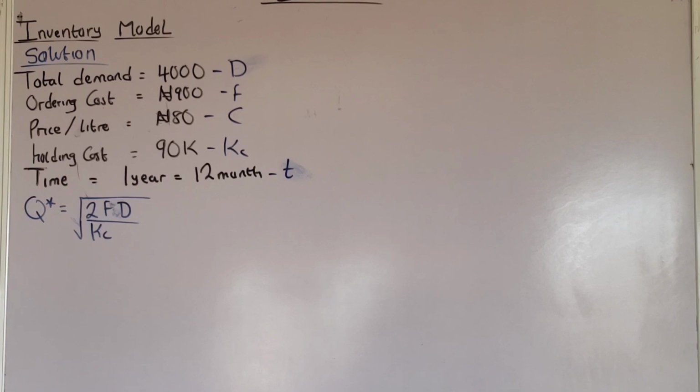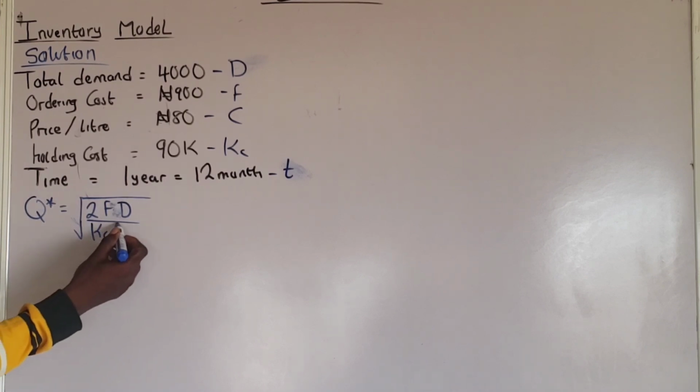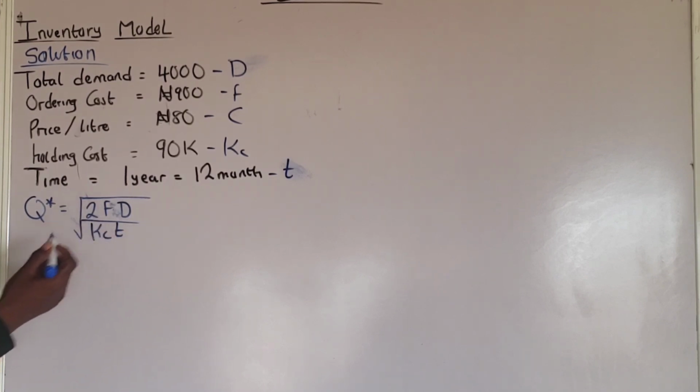And the time that we're given in the question is 12. If you use this formula, you're going to get the optimum quantity to be ordered at a time.